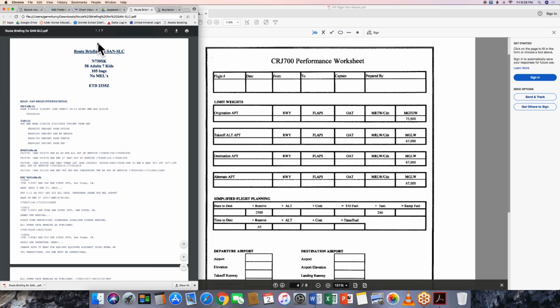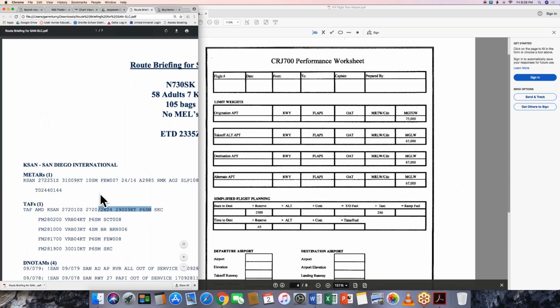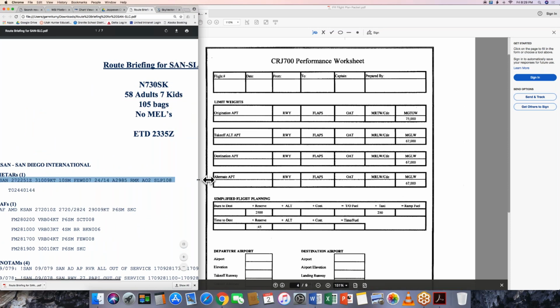Well, the winds are from 27, so you'd want 9, so you take off into the wind, right? No, runway 27. The wind's coming from 310. Right? So here's our METAR.